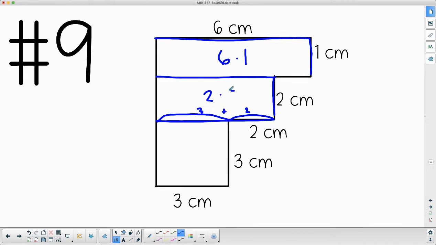So 2 times 5 for that middle part. And then this bottom one, I can see the 3 here. And I can see a 3 matching up that side right there. So I'll add these together. So I'll do 6 times 1, add that to 2 times 5, and add that with 3 plus 3, and that will give me my centimeters squared answer.